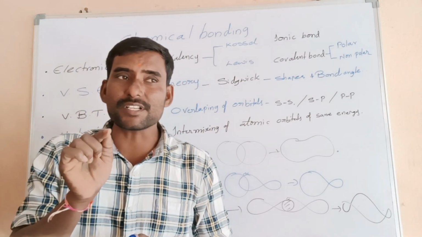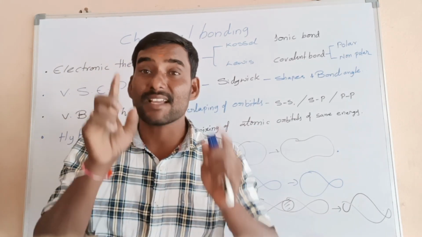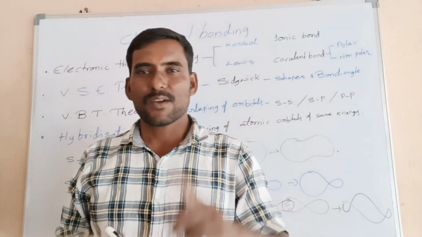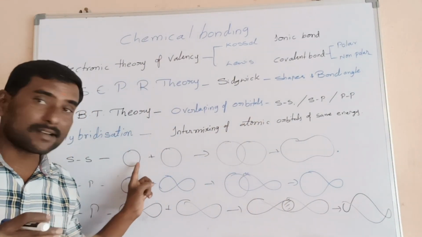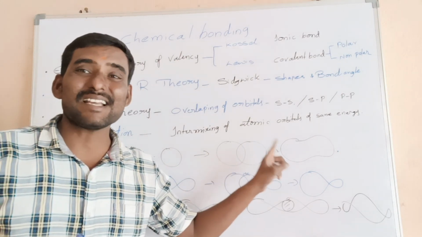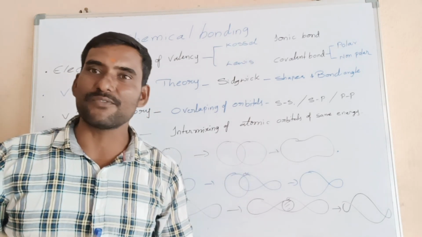In hydrogen, which orbitals are going to be combined? S orbital, because in the S orbital, 1 electron is required. Only 1 electron is there. So 2 S orbitals come closer and form SS overlap. Based on this, the H2 molecule will form.